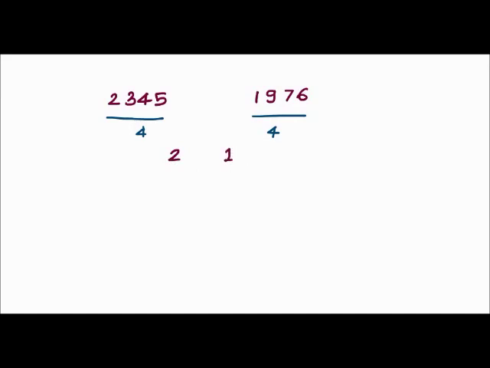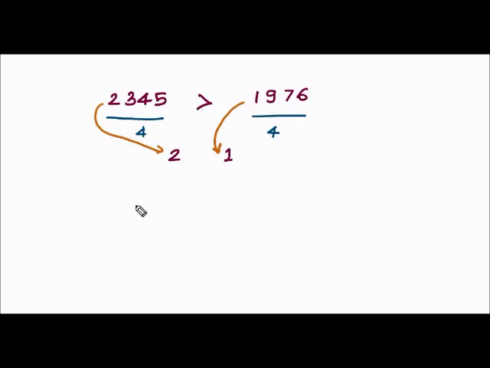So what we are doing is taking the leftmost digit down here and the leftmost digit down here. Which digit is greater? Obviously 2 is greater than 1, and hence we can say that 2345 is greater than 1976.